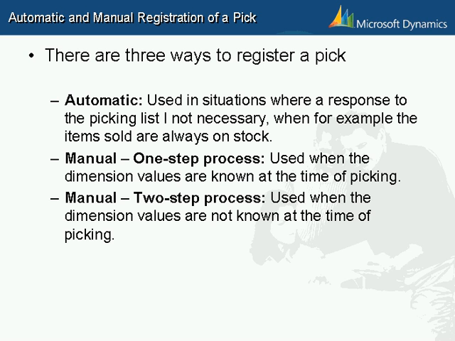This process enables you to pick the items before knowing the dimension values. Then when the dimension values are known, the picking list registration is posted, and the process involves posting and printing a picking list of items to be picked in the warehouse, and registering the actual dimension values and posting the picks.